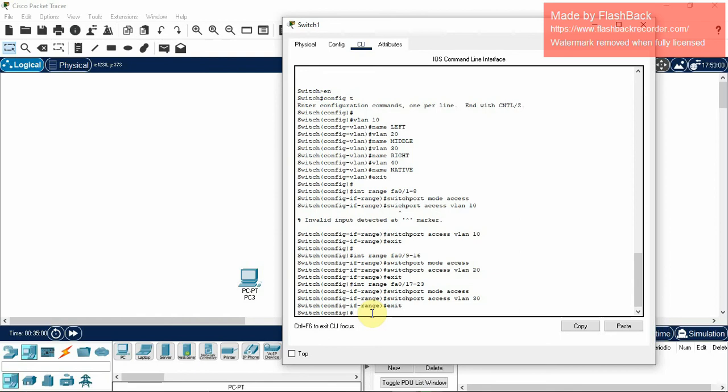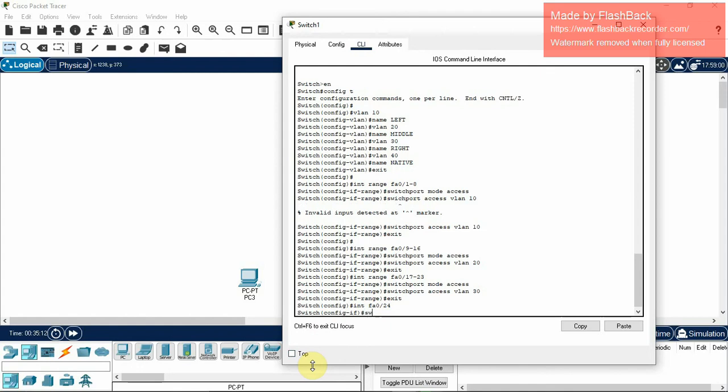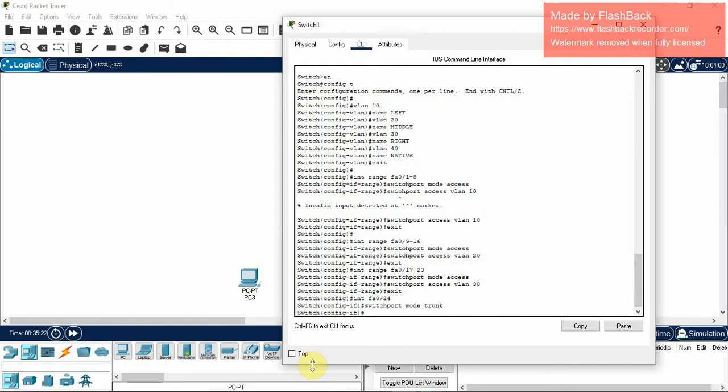So we're going to also configure interface 24, and this one you're going to configure as a trunk. Trunk is going to be the one carrying all these VLANs and the data in the VLANs. So this is their big transporter, something like that.